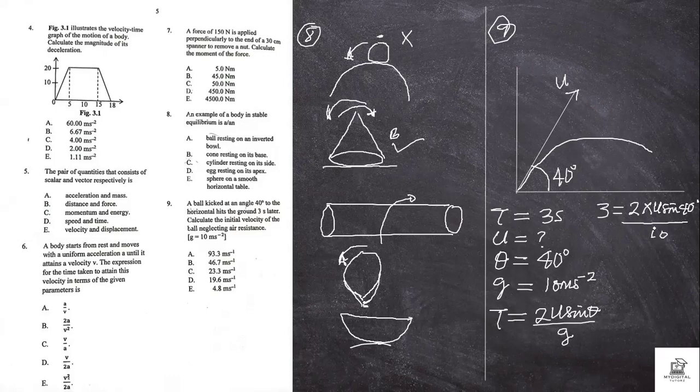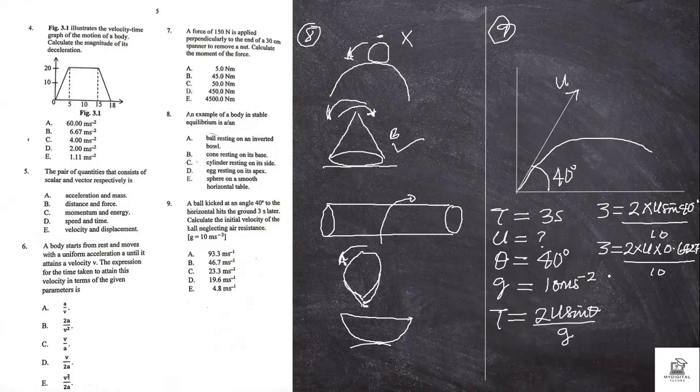The next thing is for us to find the value of sine 40, which is 0.6427. So we have 3 is equal to 2 multiplied by u, multiplied by 0.6427, everything divided by 10.